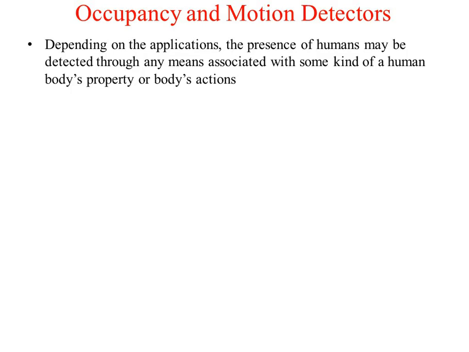So let us try to understand what exactly it does. Depending on the application, the presence of a human may be detected by means of some kind of human body property or the body's action. We know that every human being has their own temperature.